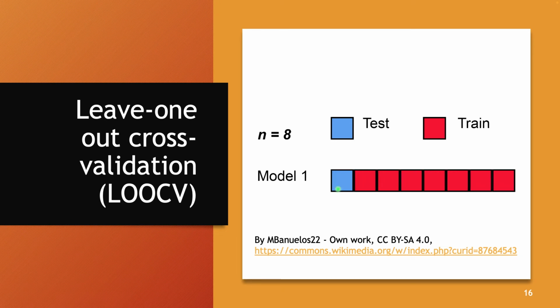So for all of these n different learners that you are going to train, you will have in the validation set exactly one data point, different from learner to learner, and in the training data set exactly n-1, all the other ones except the one that was selected for validation.